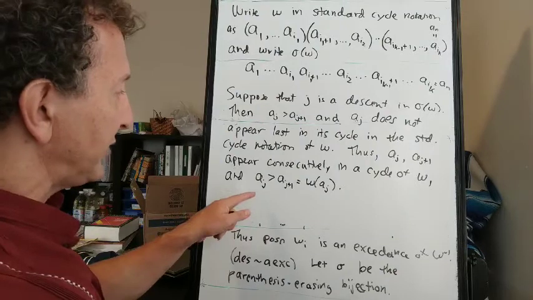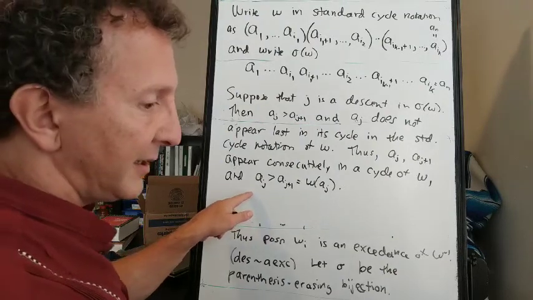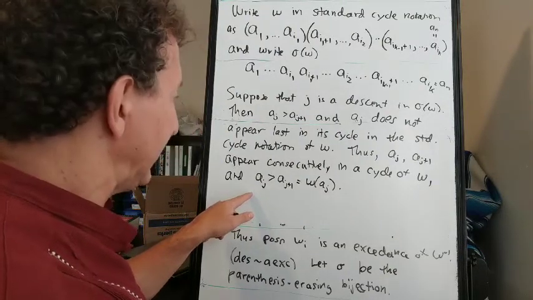So that means that position AJ is an anti-exceedance of W.